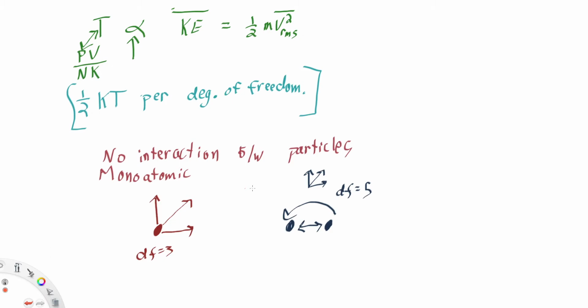And for more complicated arrangements of atoms in general, there will be 3 translational degrees of freedom. So in other words, they can move in the x, y, and z direction.